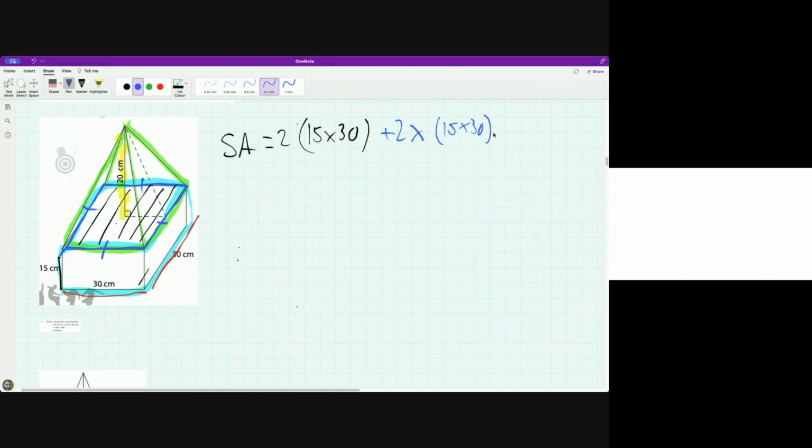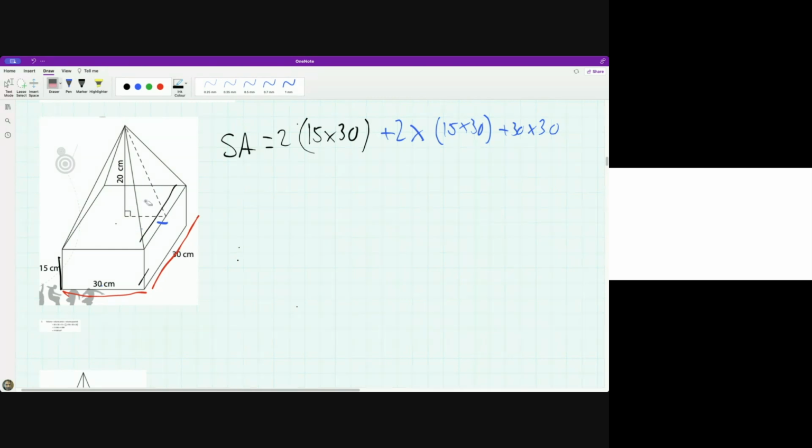Now, what is the other one going to be? Oh, there's one on the bottom, which is 30 times 30. So just think on the very bottom of the shape, there's a 30 times 30. And that's it. So there's 5 rectangles to handle the bottom part.